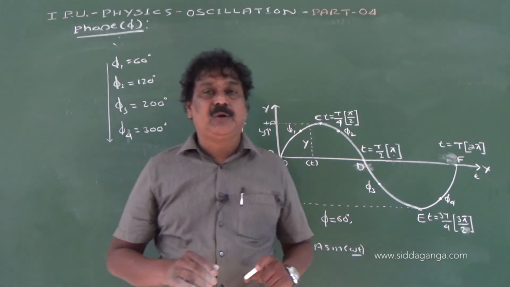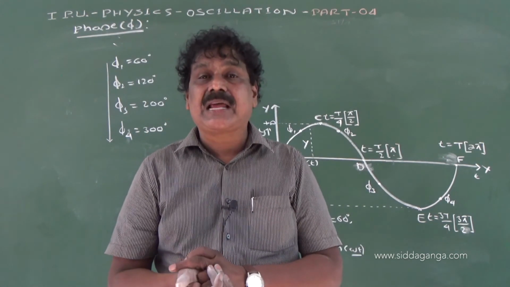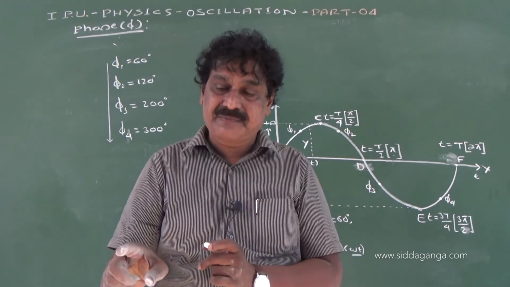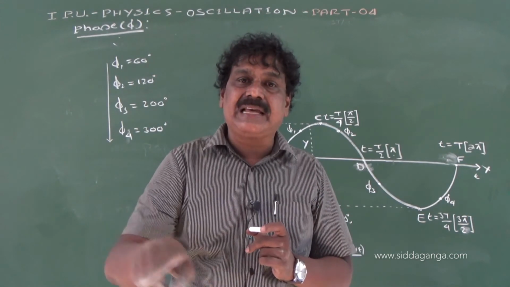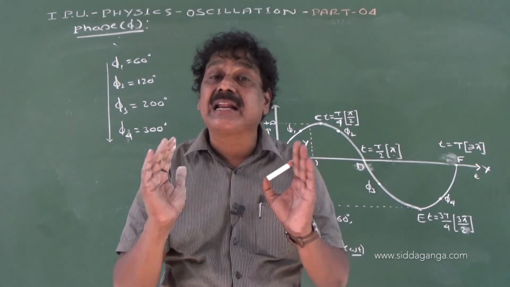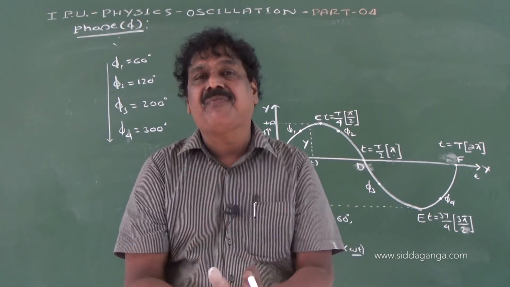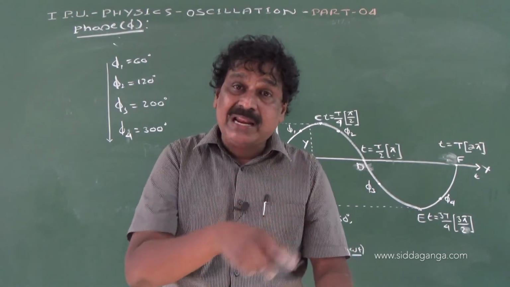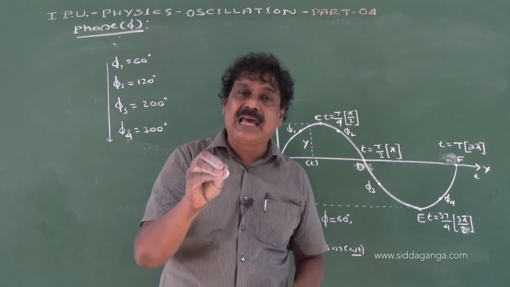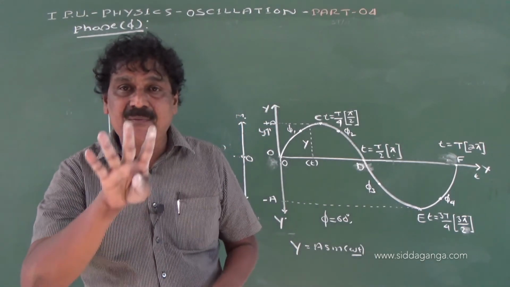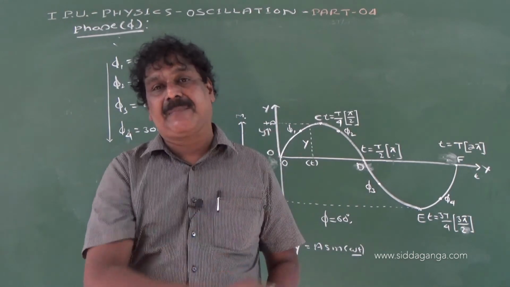Why do we need a quantity called phase to describe the motion here? Because the path is retraced again and again at a regular interval of time about the mean position. Therefore, in one complete oscillation, the particle can have the same value of displacement at 4 instants of time.